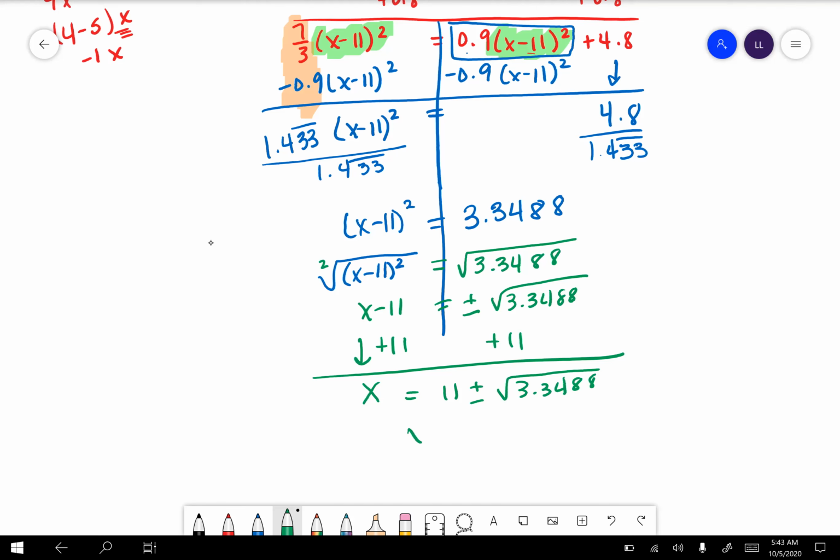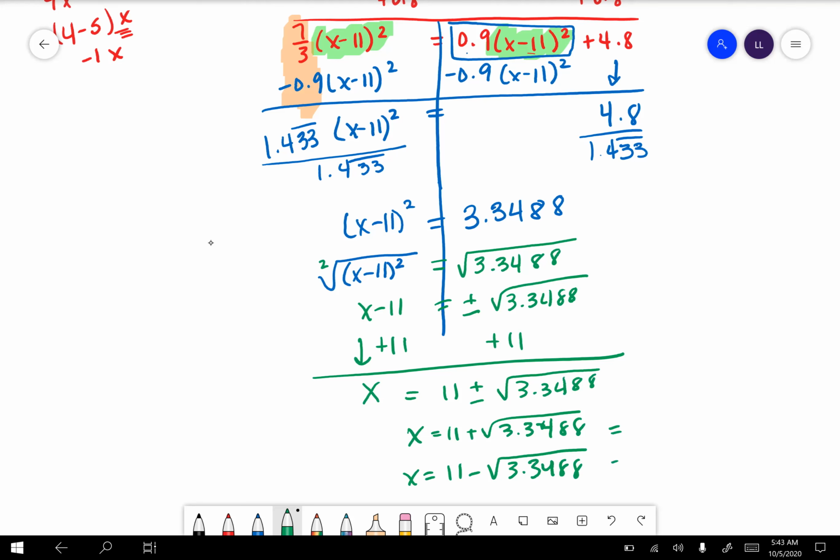Now, let's look at which one is a solution. So x is equal to 11 plus the square root of 3.3488, or x is equal to 11 minus the square root of 3.3488.